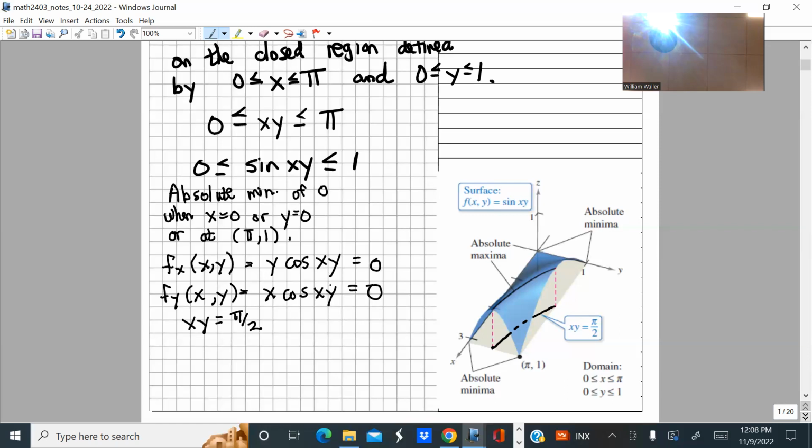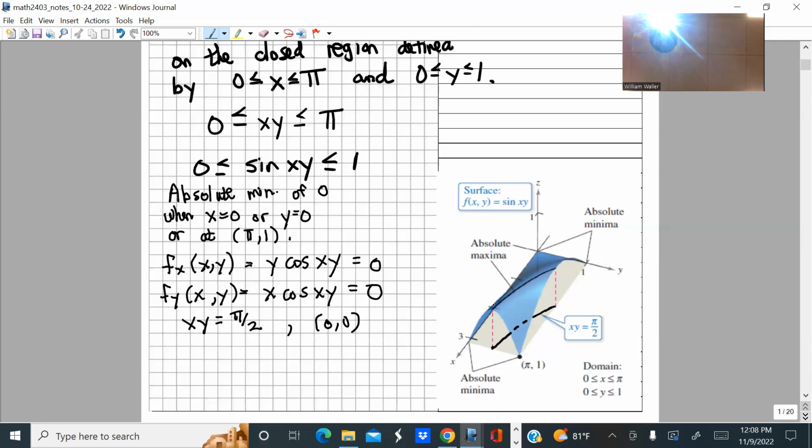Yes, and where are the other solutions? Yes, right. So the other critical point is 0, 0, actually. Oh, so that's kind of interesting.